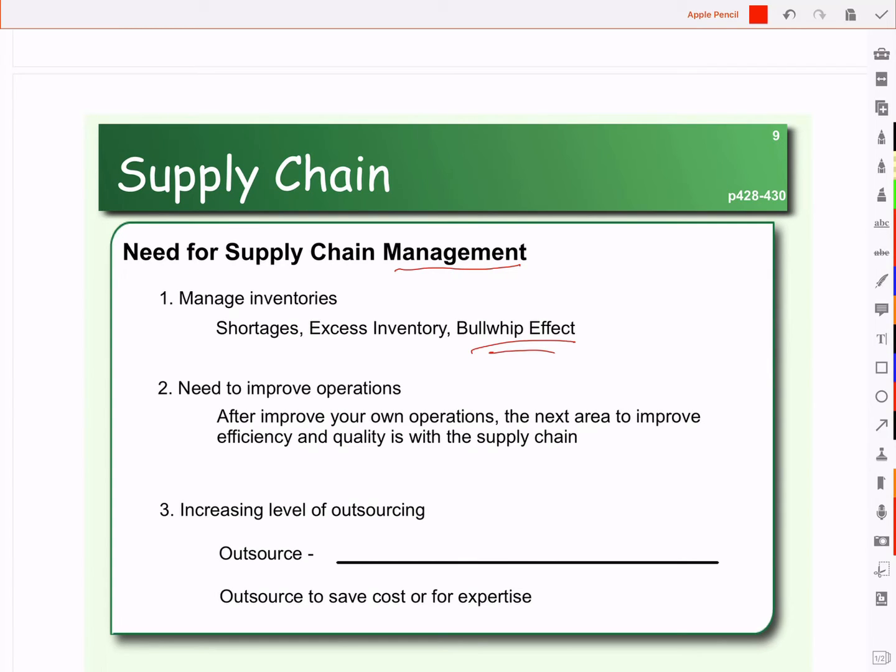The third reason you need to manage your supply chain is because of increasing levels of outsourcing. So outsourcing is when you purchase goods and services from an outside supplier.